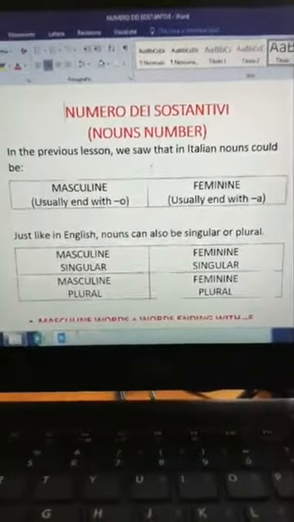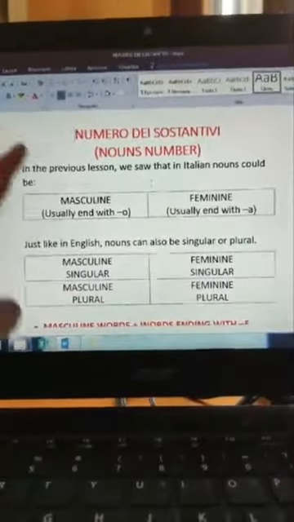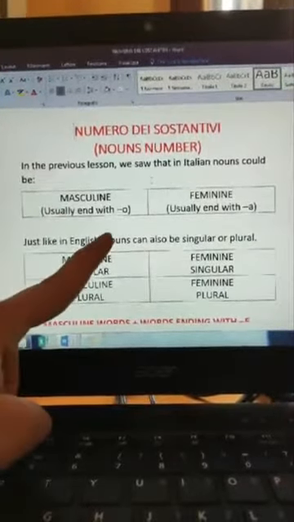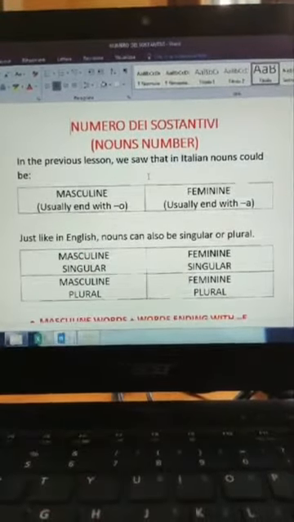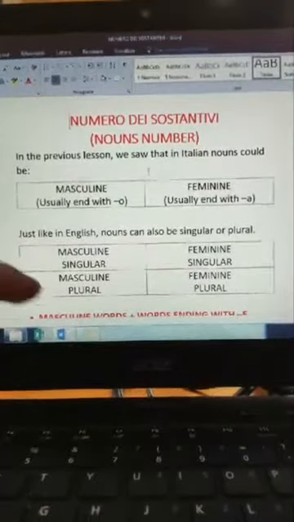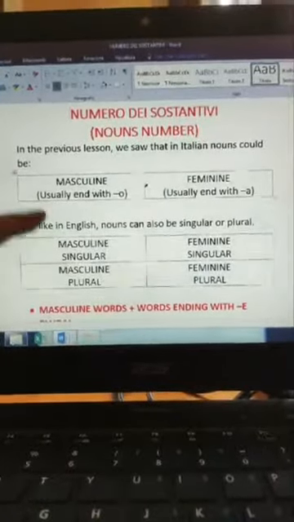Once again, I turn the camera. Nouns gender. In the previous lesson we saw that Italian nouns could be masculine and they usually end with the letter O, or feminine and they usually end with the letter A. Now, just like in English, nouns can also be singular or plural.